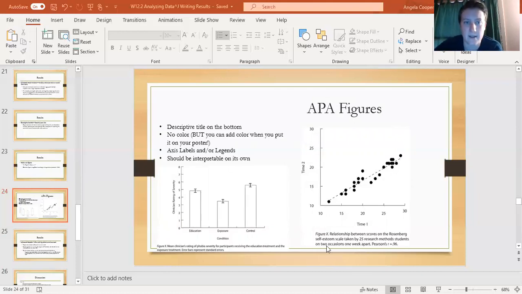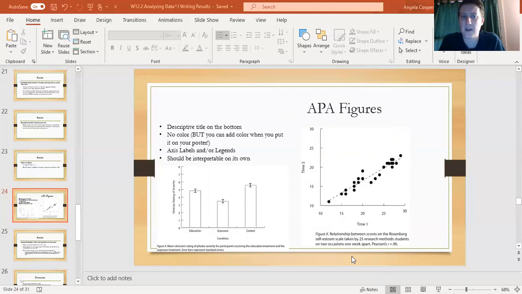So you'll see that the description is Figure X, so that X should be a number. If it's the first and only figure that you have, that will just be Figure 1. Figure is capitalized, and there is a period after the 1, and that entire part is italicized. And then it gets into the description of what is being shown in the figure or the graph.